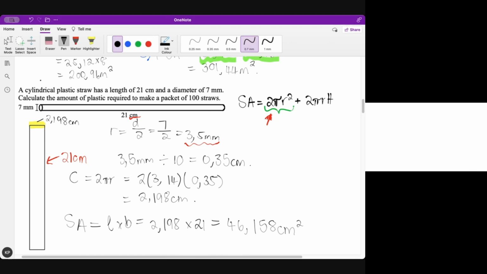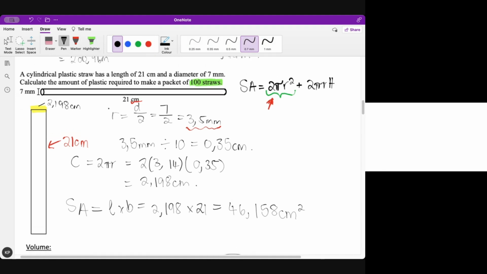Ha! This was for one straw. But they just told us we need 100 of them. So what will I do with the surface area that I have now calculated? This is only for one straw.